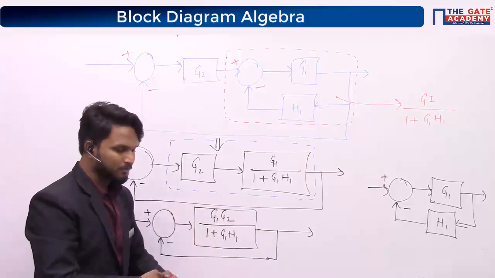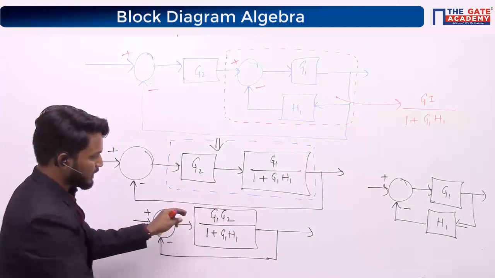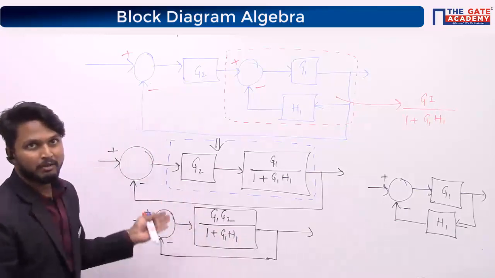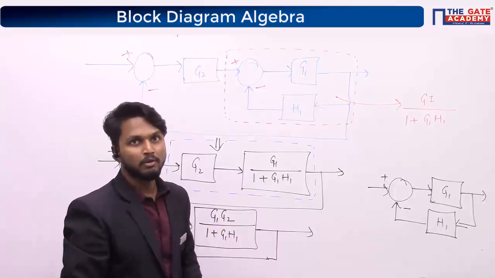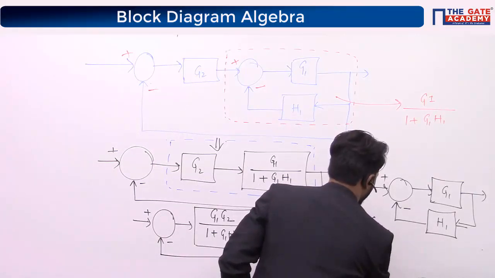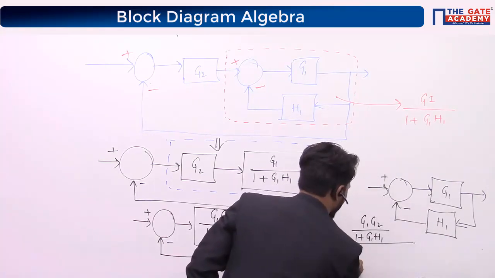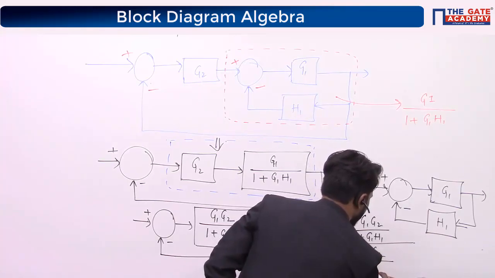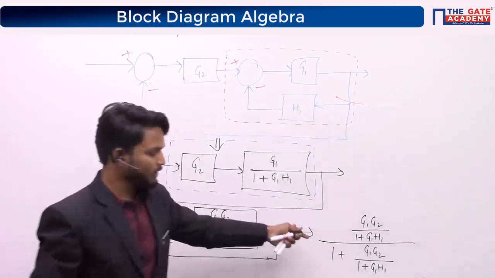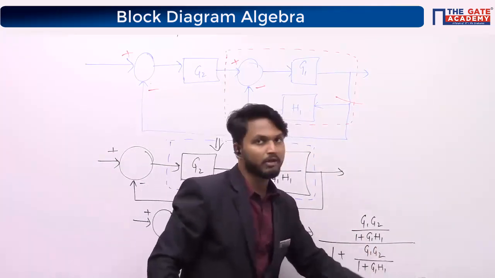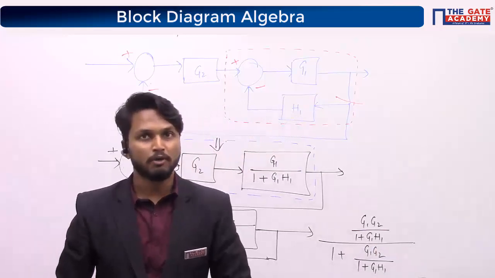So the overall transfer function is going to be what? Let us say G of S is G1 G2 by 1 plus G1 H1, divided by 1 plus G1 G2 by 1 plus G1 H1.